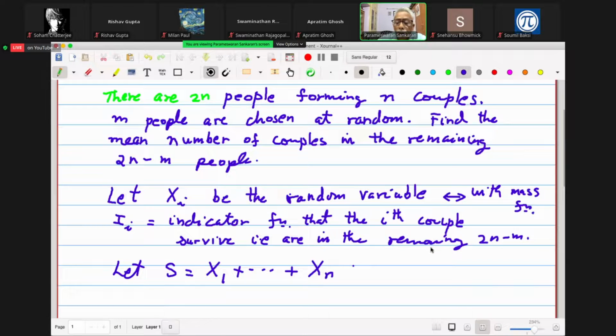And when neither of the two people in the ith couple belongs to that subset, the couple remains, so this counts.